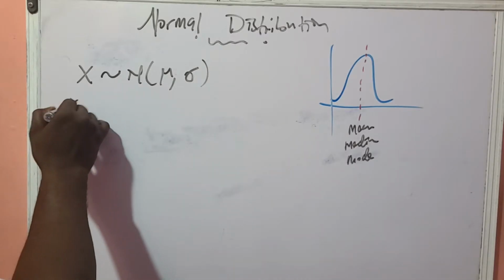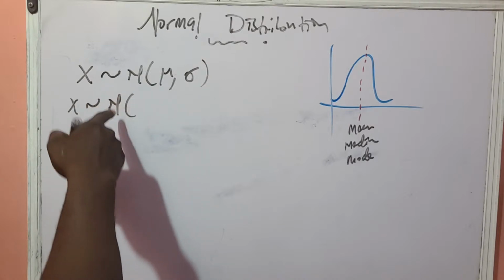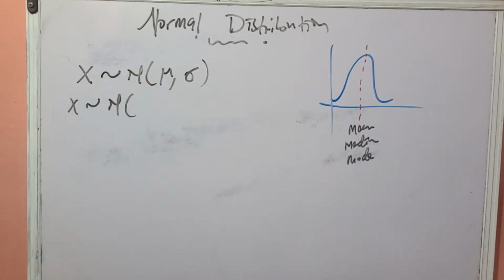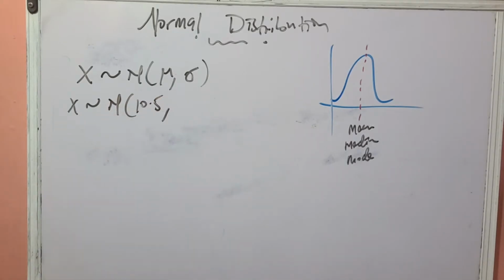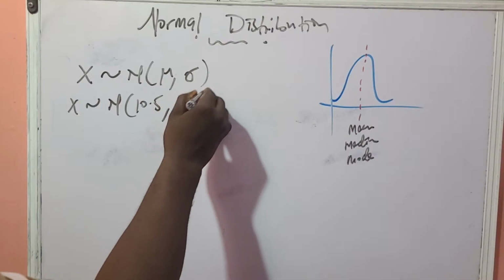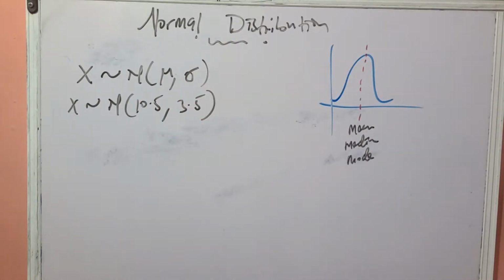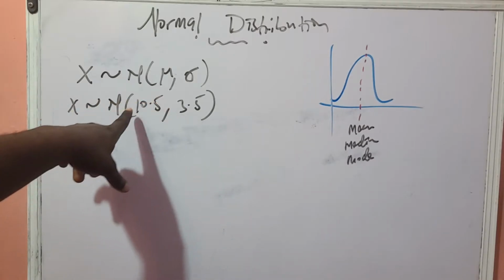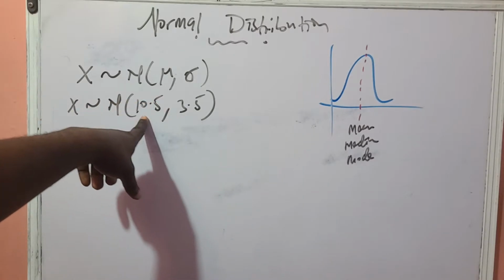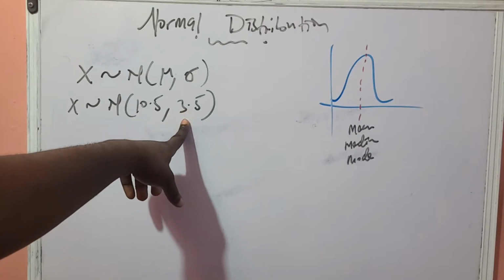All right, but I told you guys that take for instance we have a question where the mean equals 10.5 and the standard deviation is 3.5. Now, if you're going to solve this question under normal distribution, you'll need a table for a mean of 10.5 and a standard deviation of 3.5.